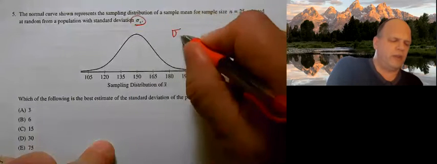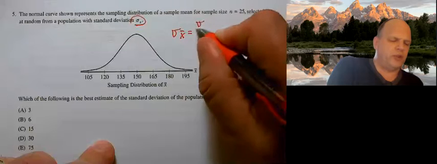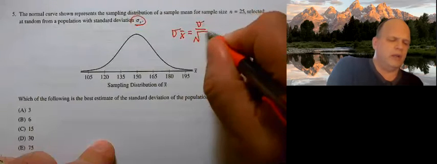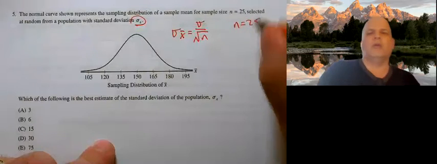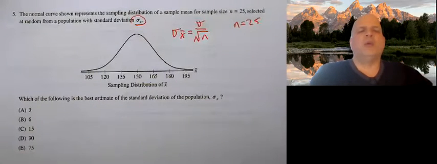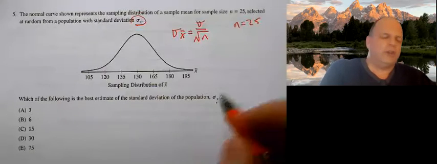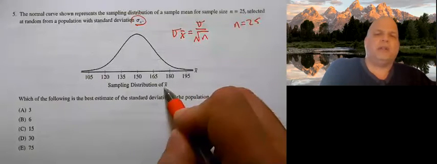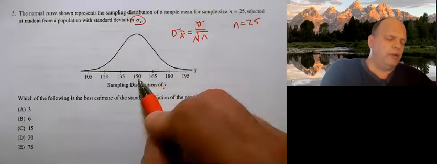So this is the standard deviation of x bar, which equals the standard deviation of the population divided by the square root of n, and they've told us n equals 25. So which of the following is the best estimate of the standard deviation of the population? So now they're asking for the standard deviation of x, but here we have the sampling distribution of x bar. So the mean of x bar is 150.